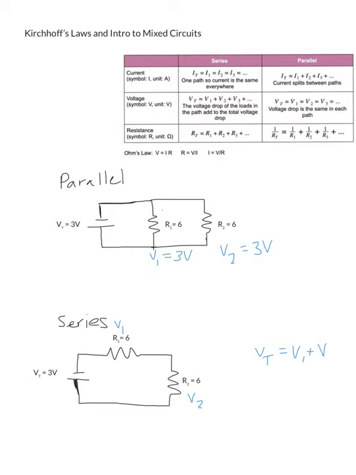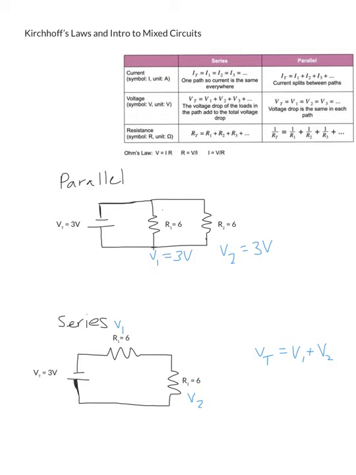We're not 100% sure what each voltage is. We can figure it out in this case because our resistors are the same, so they'll split up equally, but a lot of the time we won't have the same resistors, so we might not be able to automatically know what these voltages are.